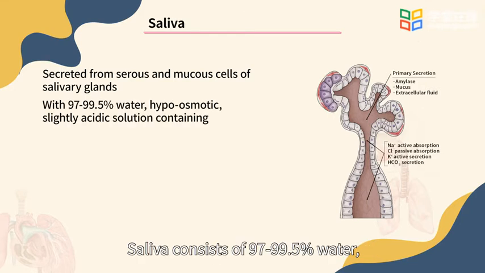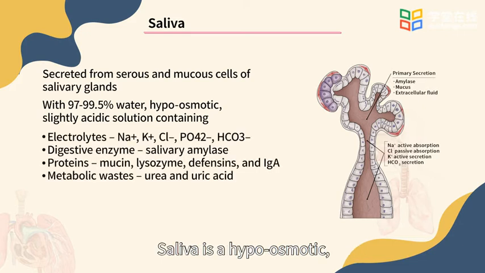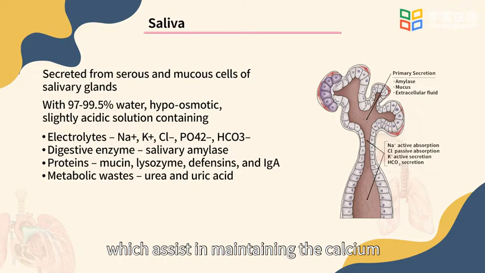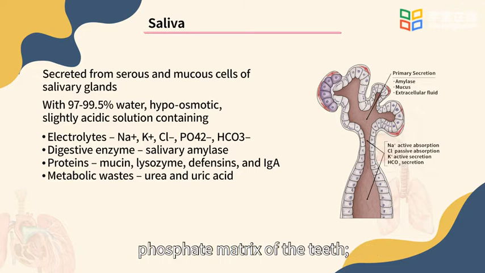Saliva consists of 97 to 99.5% water, which helps moisten and lubricate your mouth and food. Saliva is a hypoosmotic, slightly acidic solution containing electrolytes, for example, sodium ion, potassium ion, chloride ion, etc. Some of these ions assist in maintaining the calcium phosphate matrix of the teeth.